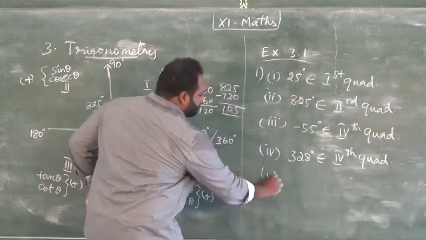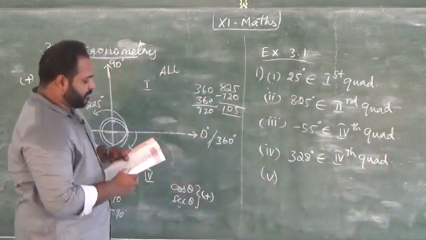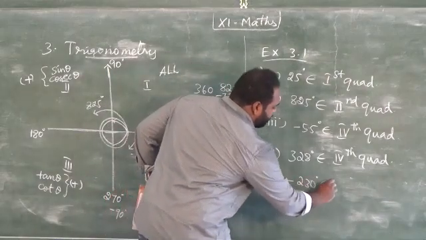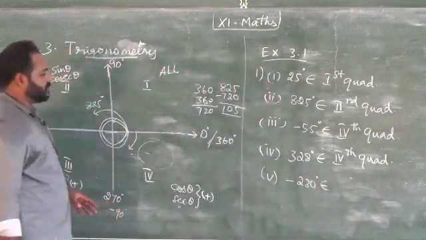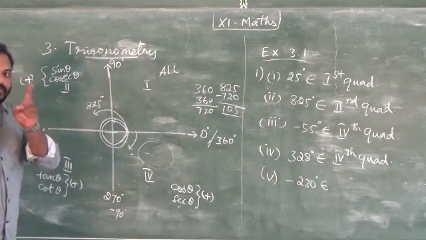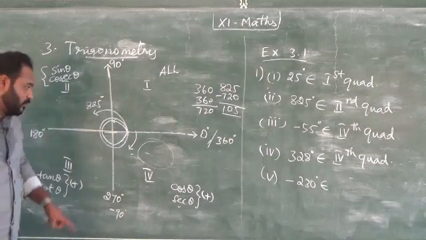Next, fifth question. Minus 230. Here I told you a negative value is supposed to be measured clockwise.